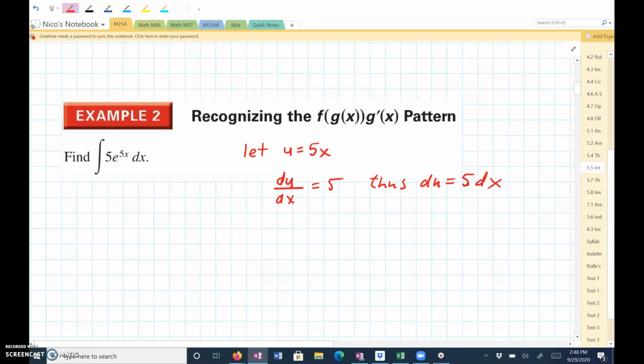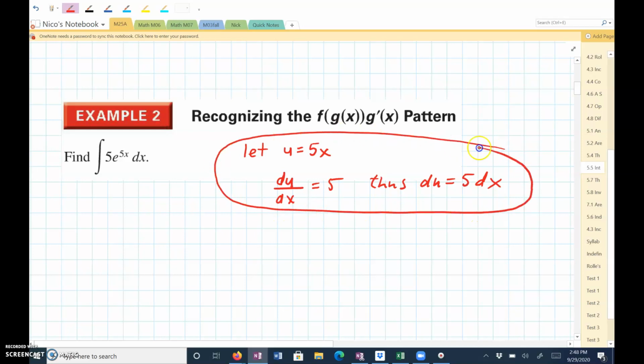So this will be what I want to use to substitute into this integral. So the 5 to the 5x power, let's see, the 5 and the dx, that's going to be my du.